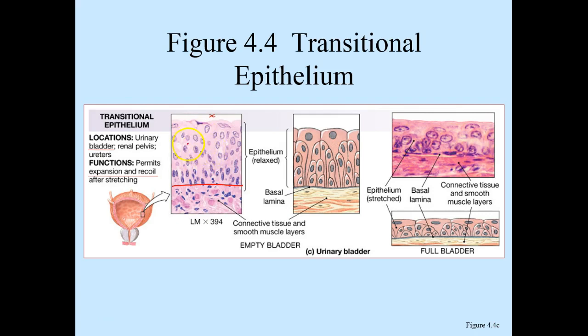They're just there. There's really no shape, and because of this, they're found in the bladder and they expand and recoil. So what does your bladder do when it's full? These tissues are going to expand out, and then after you empty your bladder, obviously these tissues are going to recoil.